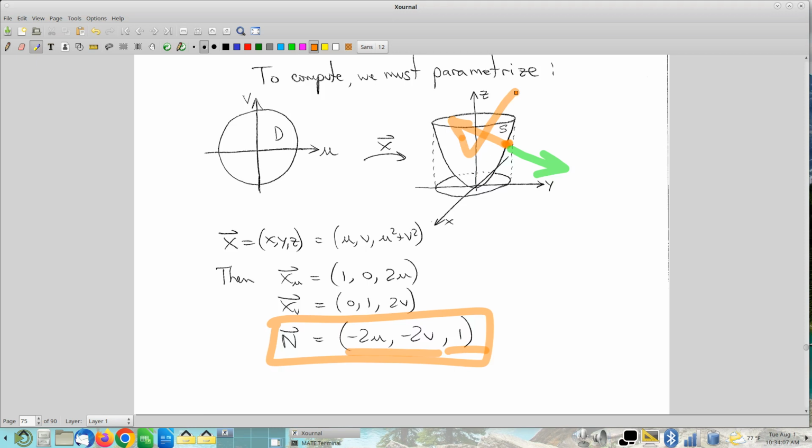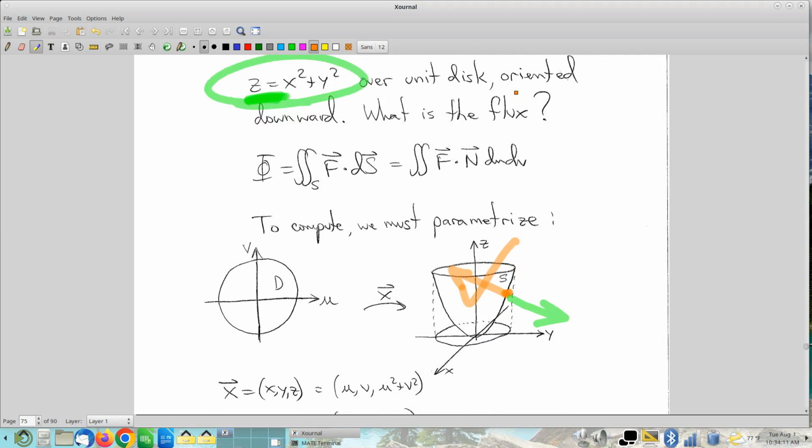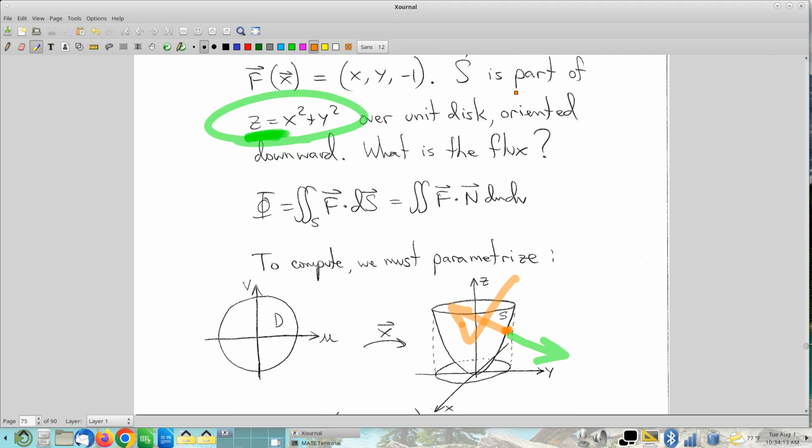Is everybody happy? Okay, now, so to the question, right or wrong? Is this the way it's supposed to be? No, it's not. And it says so right here. The surface that I'm interested in, the surface that they asked me about, is oriented downward.